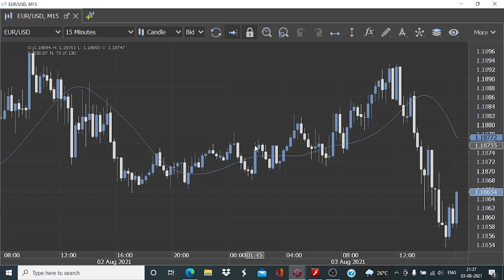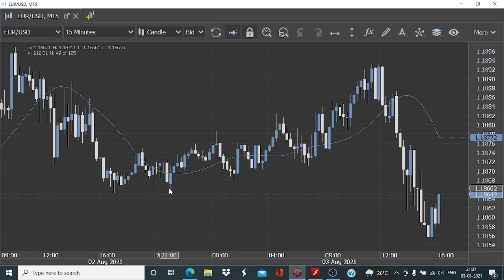So let us see what is the actual difference. 1.18748 is the closing value and low is somewhere here, which is 1.18663. So that's the difference of around I guess 9 to 10 pips. 9 pips, I'm not precise here, I haven't used calculator.